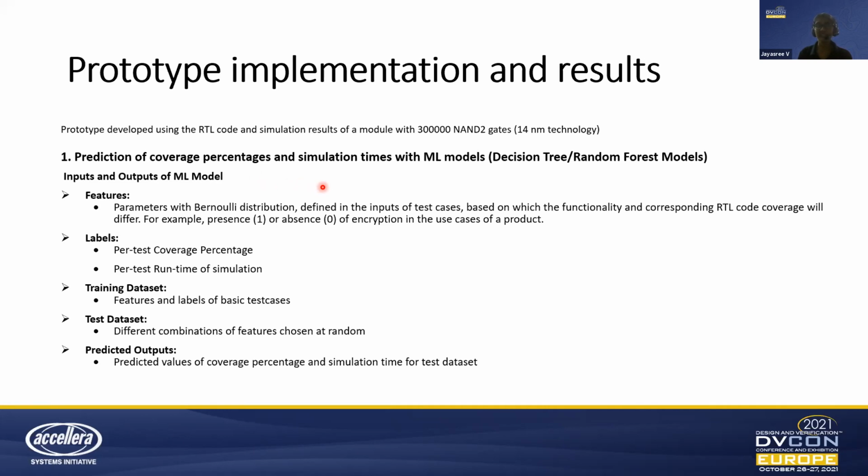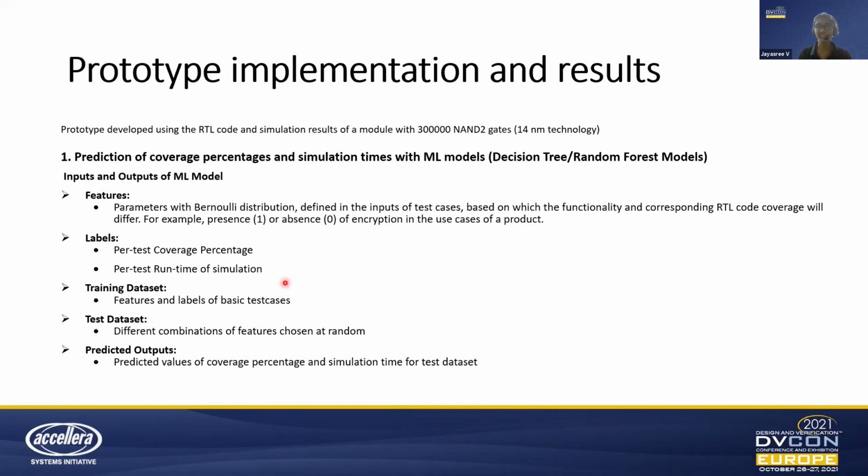For instance, if encryption is a feature that can either be enabled or disabled in different use cases of a product, if it is enabled, it will be indicated as 1, and if it is disabled, it will be indicated as 0. The labels of the model are the coverage percentage and simulation time of each test case.